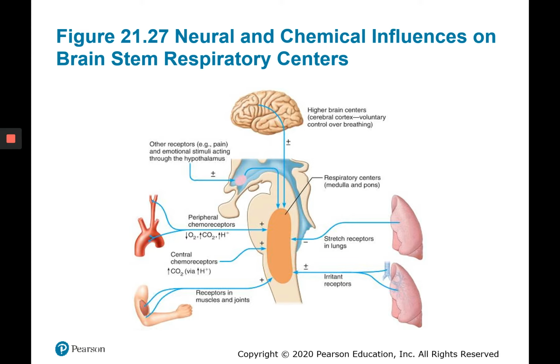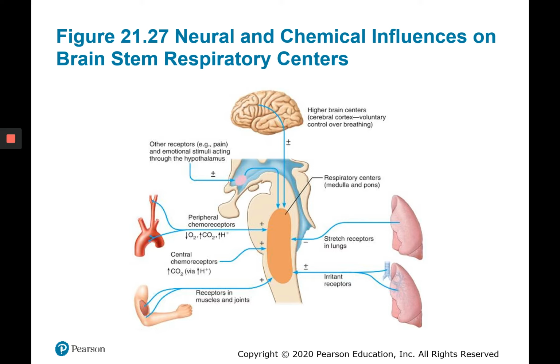Then other receptors such as pain receptors, emotional stimuli receptors that you'd find in the limbic system, they can act via the hypothalamus to exert excitatory or inhibitory effects. And then the peripheral chemoreceptors in the aortic arch, they would have excitatory effects on the respiratory centers, but only by detecting decreasing oxygen, increasing carbon dioxide, or increasing hydrogen ion concentration levels.